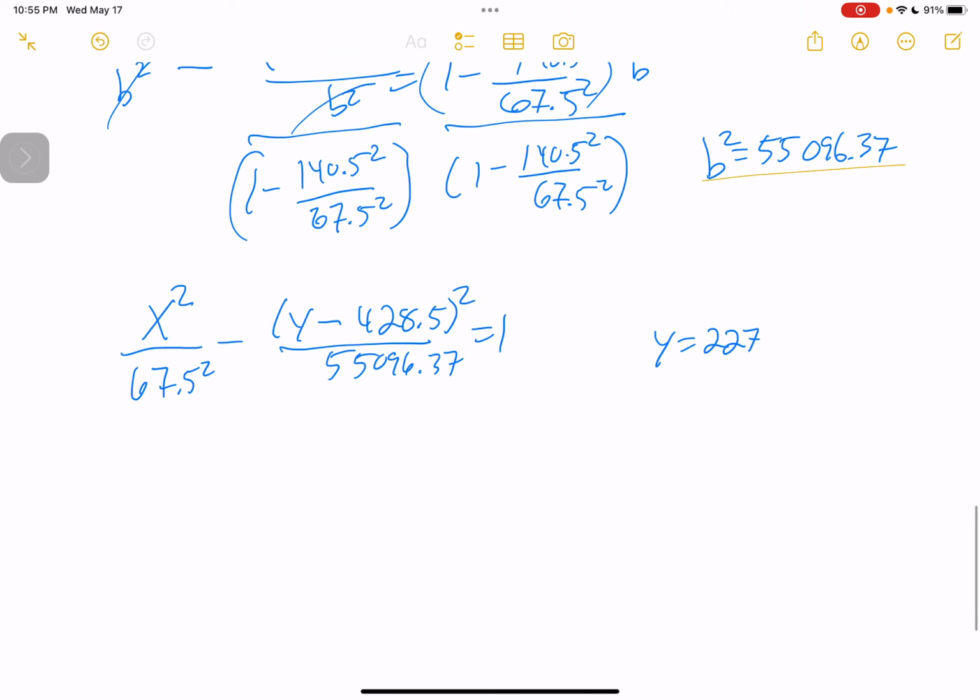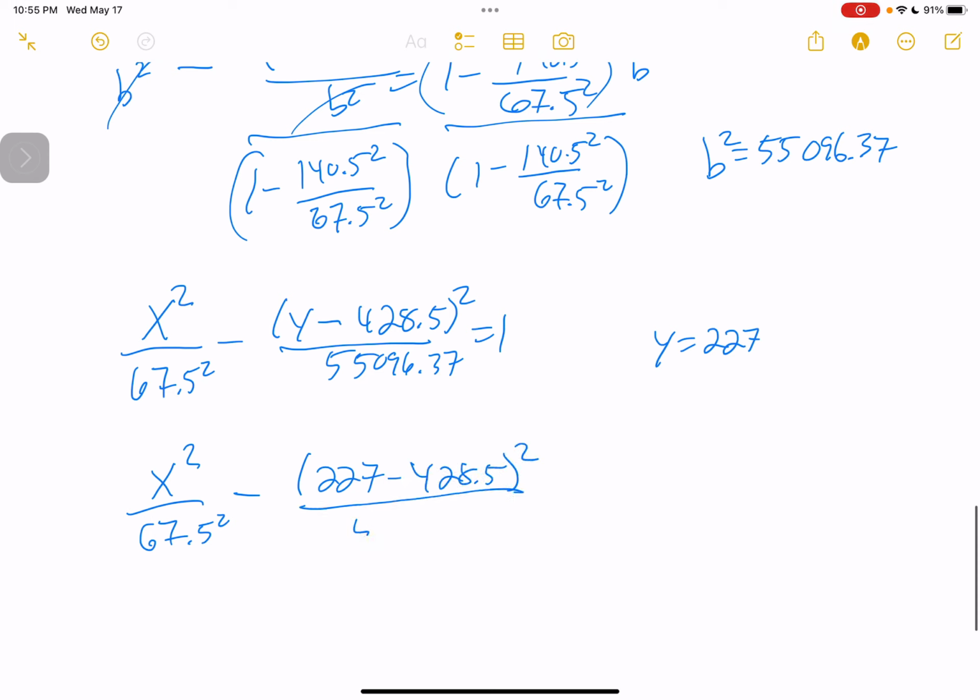We'd have x squared over 67.5 squared minus 227 minus 428.5 quantity squared over 55,096.37 equals 1.